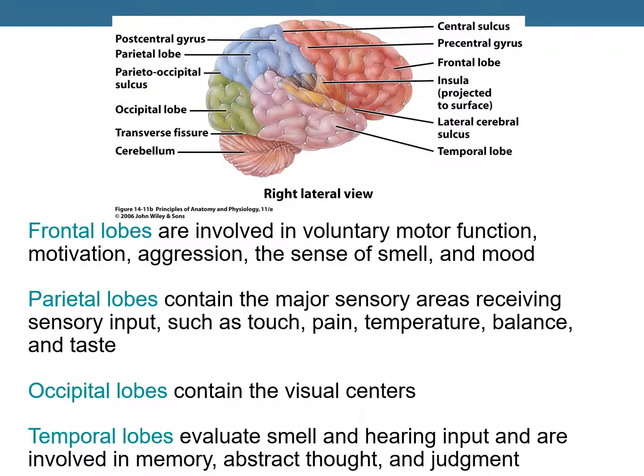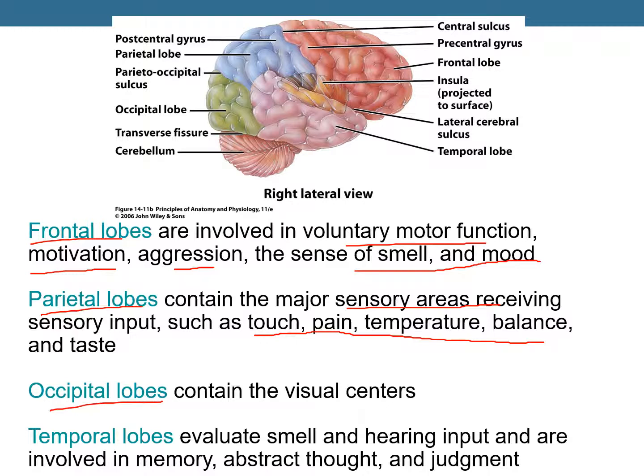You can see that the frontal lobes are typically involved in many things, including motivation, how we plan things, aggression, your sense of smell, your mood, and some of the voluntary motor functions as well. I'll talk about this at great length. The parietal lobes are more important for our sensory functions. They receive ascending information from touch, pain, temperature, balance, and taste.